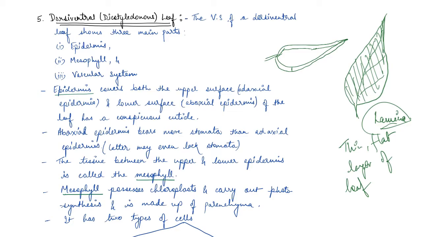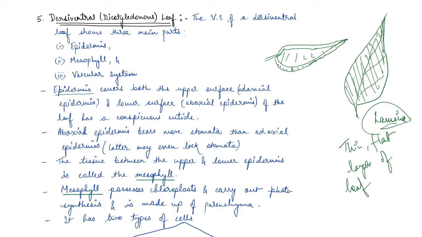Now this is the upper surface and this below it is the lower surface, which you can see when you flip the leaf. So the upper surface is known as the adaxial epidermis and the lower surface epidermis is known as the abaxial epidermis. So epidermis covers both the upper surface and the lower surface of the leaf, and it has a conspicuous cuticle as well.